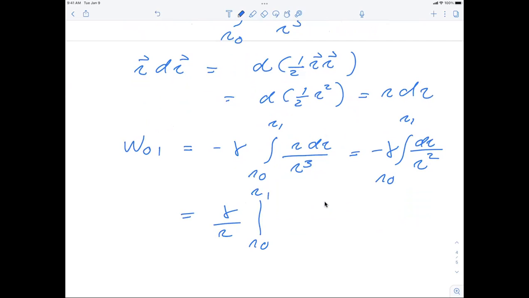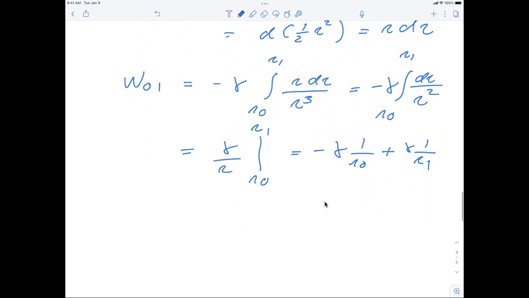So in this specific case, what we end up with is the following. When we put it in here, this gives us minus gamma times 1 divided by r0, plus gamma times 1 divided by r1. Now, one thing we can do is to decide that this r0 is our distance relative to a specific origin.